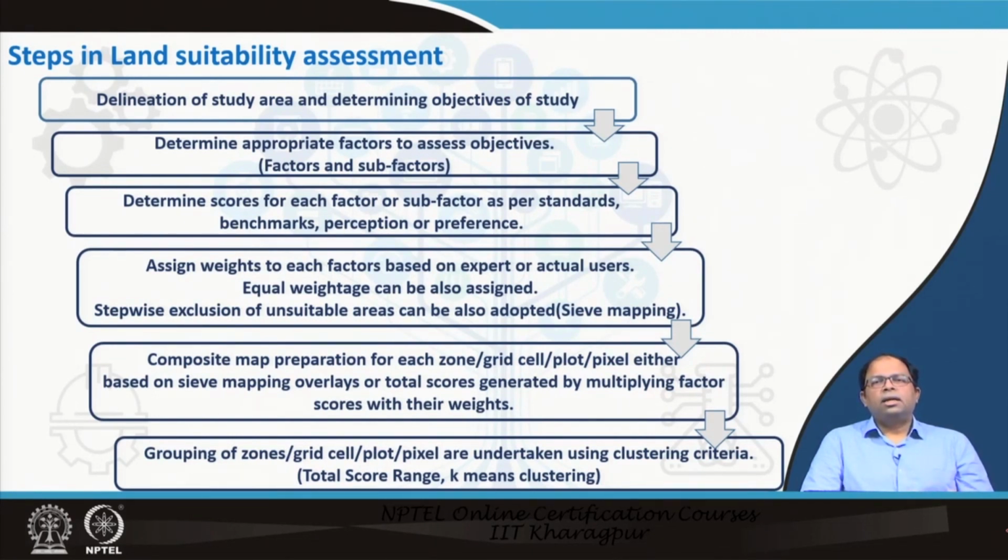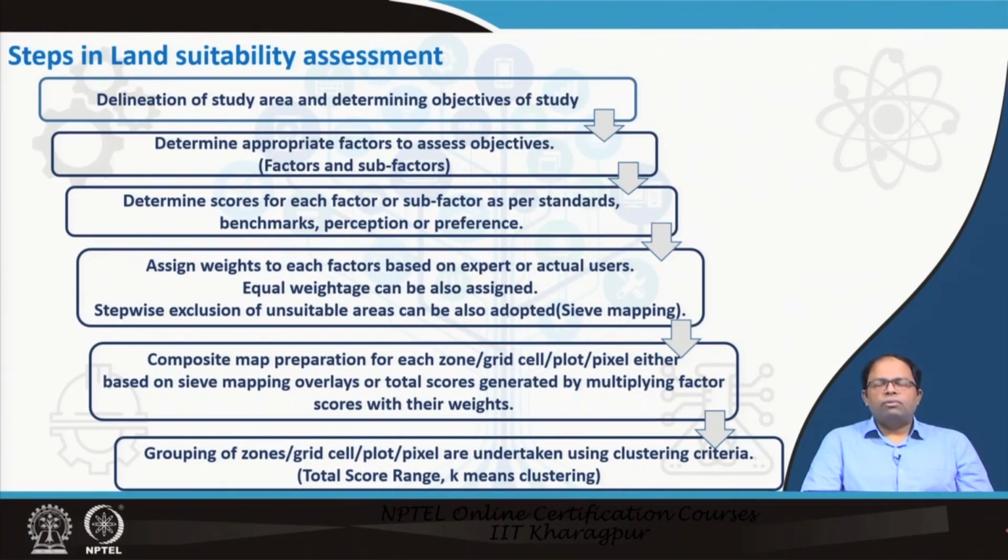We can create these different ranges, and we can say that the range 0 to 1 is the least suitable, and maybe 3 to 4 is the most suitable. In that way we can assign them. But again, if we say that 0 to 1 is less suitable, why not 1.1? So the boundary conditions that have to be set are very important.